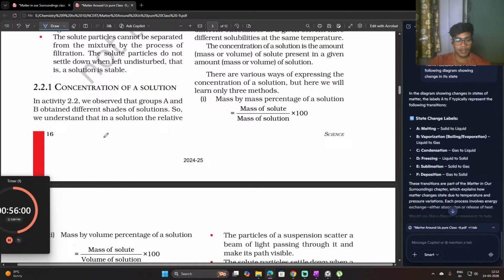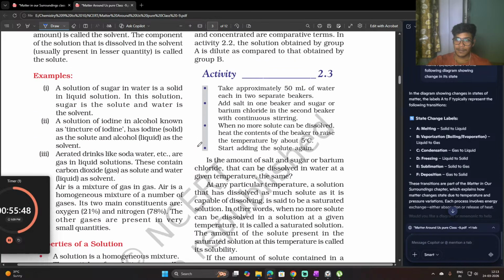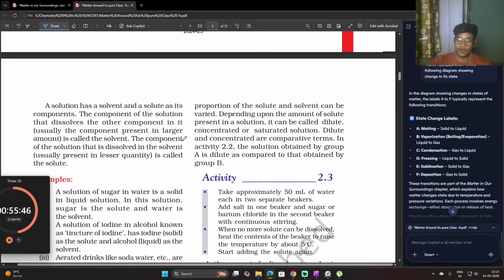Concentration of a solution. In activity 2.2, we observe that groups A and B obtain solutions of different shades. So we understand that in a solution, the relative proportion of solute and solvent can be varied depending upon the amount of solute present.